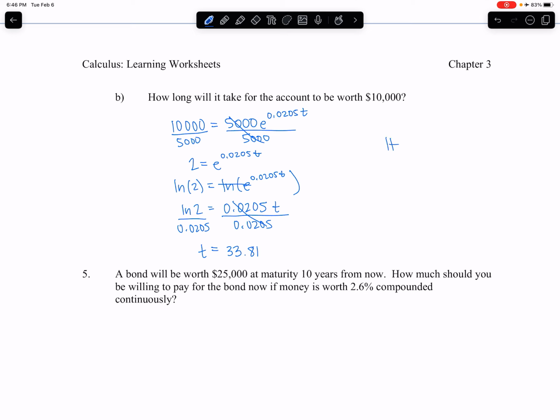So it will take about 33.81 years to double in value.